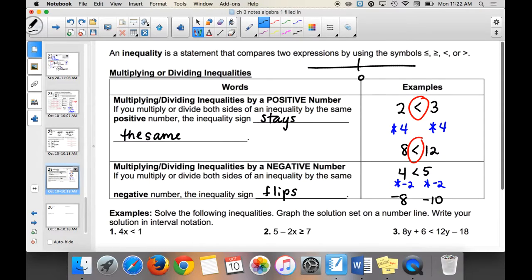If I was doing a number line, -1, -2, -3, -4, -5, -6, -7, -8, -9, -10. I should have chosen a smaller number, right? Is -10 bigger or smaller than -8? Smaller. Yeah, -10 is smaller, right? So when we say -8 and then we say -10, we say -8 is bigger than -10. Does that make sense? So what happened in order to make that true, we had to flip our sign. So we flipped it. Okay, do we all understand that?